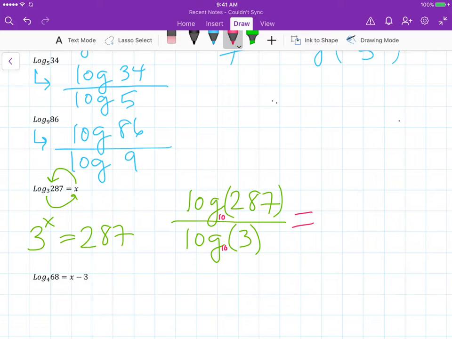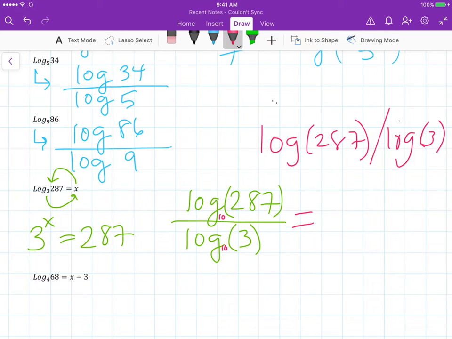So in your calculator, it would look like log 287 divided by log of 3. And when you get that, what your answer should be is approximately 5.15148... So let's just round it to 2 decimal points, or to the nearest hundredth. So it's about 5.15.